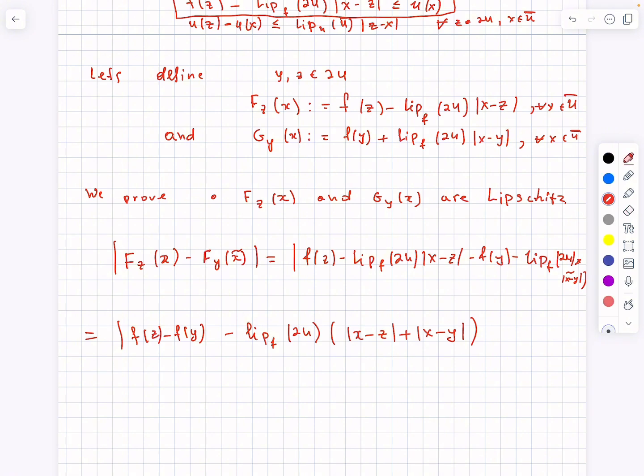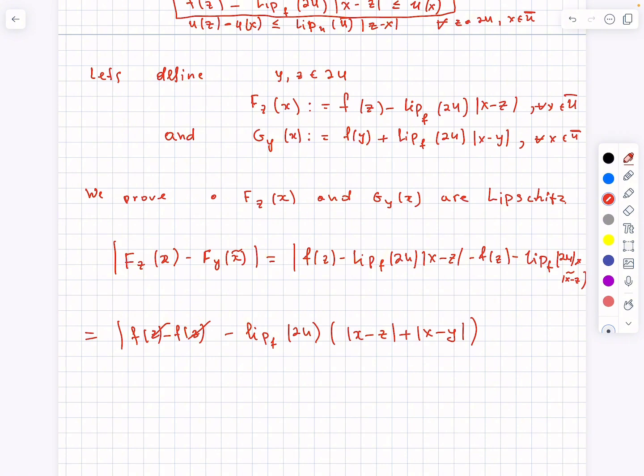We have to prove each of these functions is Lipschitz. So here should be z, and also here |x - z|, and this one goes with this one.